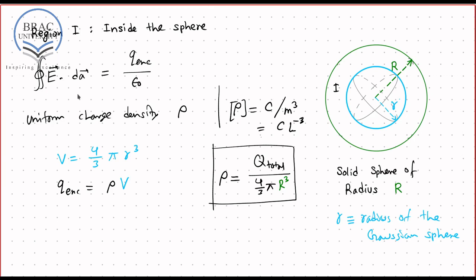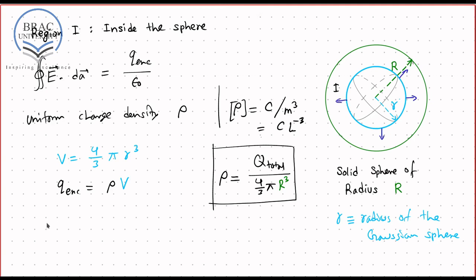Now for the left part of this equation, we need to evaluate the dot product first. Notice that the electric field always points outward if it's a positive charge. So let's consider that our Gaussian sphere encloses only positive charge. The net charge is positive, and in that case the electric field will point radially outward everywhere.